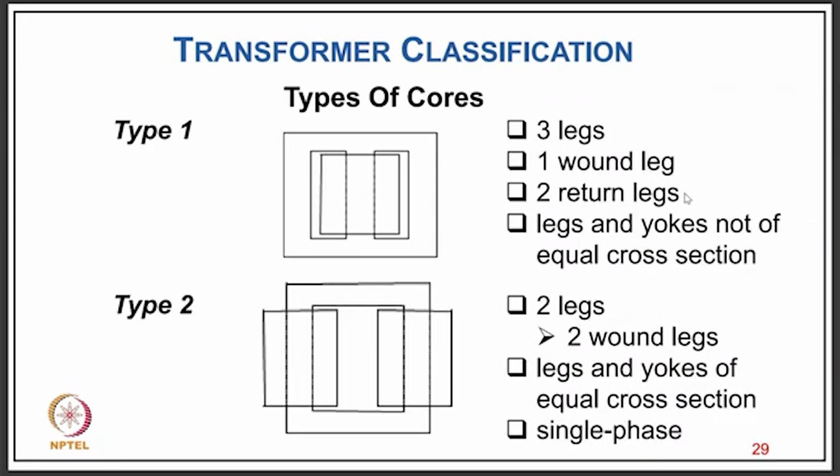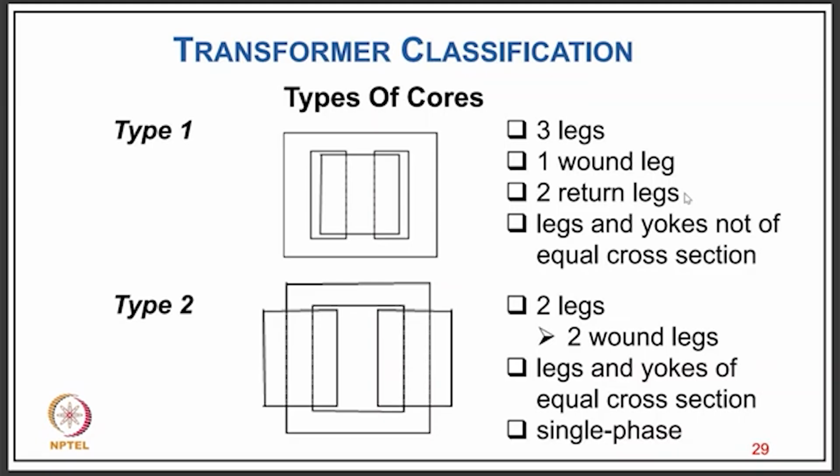If you look into the types of single phase transformer, here you have the shell type of transformer, with three legs, one wound and two return legs. The yokes are not of equal construction because of the different flux density you can maintain, but the flux will of course be half in the yoke as well as the side limb.